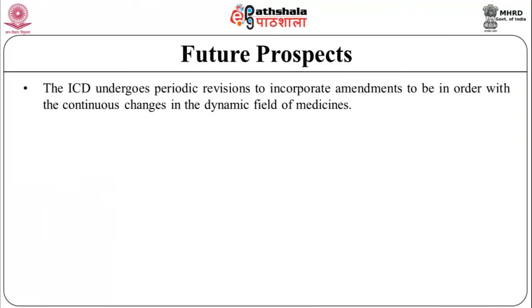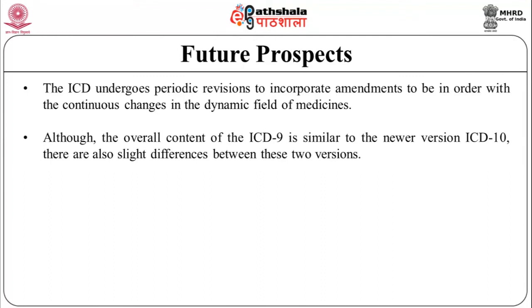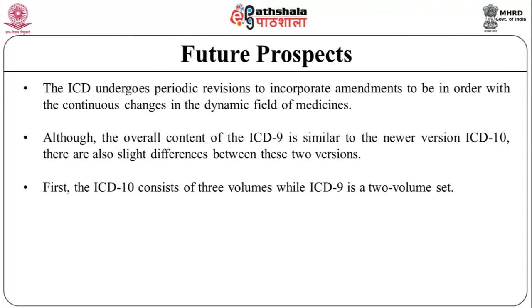The ICD undergoes periodic revisions to incorporate amendments to be in order with the continuous changes in the dynamic field of medicine. Although the overall content of the ICD-9 is similar to the newer version ICD-10, there are also slight differences between these two versions. First, the ICD-10 consists of 3 volumes, while ICD-9 is a 2-volume set.